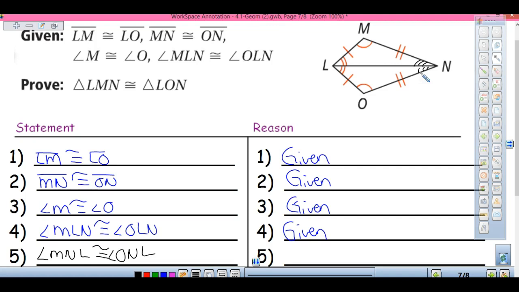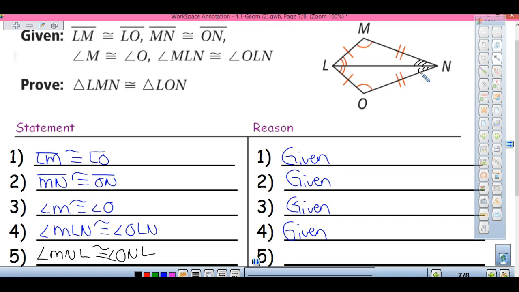We have 3 angles. What am I missing? We need all the sides to be congruent and all the angles to be congruent. I have all 3 angles, I have 2 sides, so what am I missing? Another side, yeah, because we need all 3 sides.